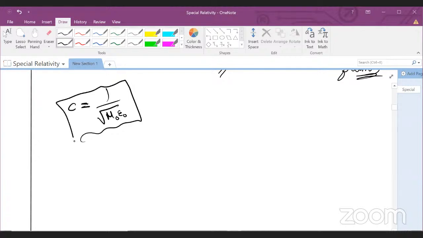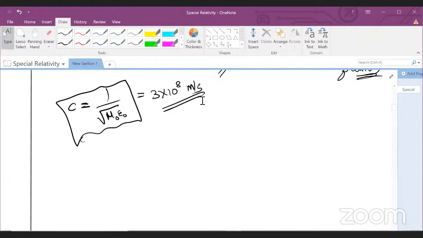According to Maxwell's equations, we get this. It is related to the permittivity and the permeability of the space. So its value is a constant, right? It comes around 3 into 10 power 8 meters per second. It's a constant value. It doesn't change, because even if you move or don't move, the space is the same, right? In vacuum, if you move, it doesn't mean that the space property will change just because you move.